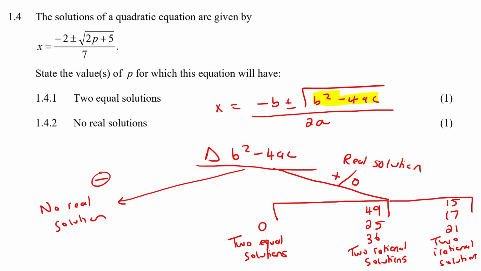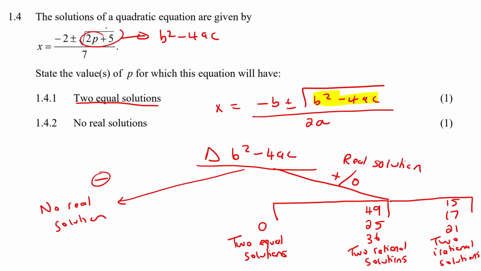Okay, so what you need to identify here is that this part that's under the square root is going to be our b squared minus 4ac. Okay, so they said state the value of p so that we'll have 2 equal solutions. Well, that's this one. So for 2 equal solutions, you want the b squared minus 4ac to be equal to 0.